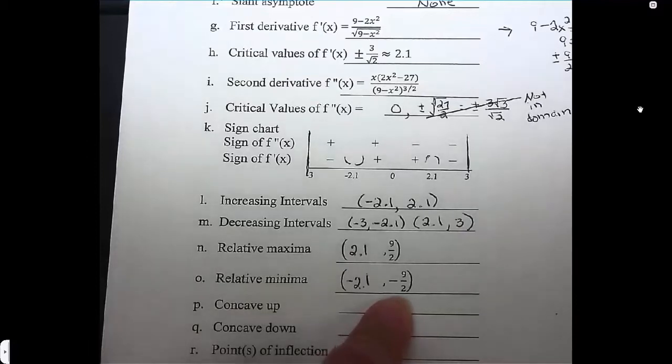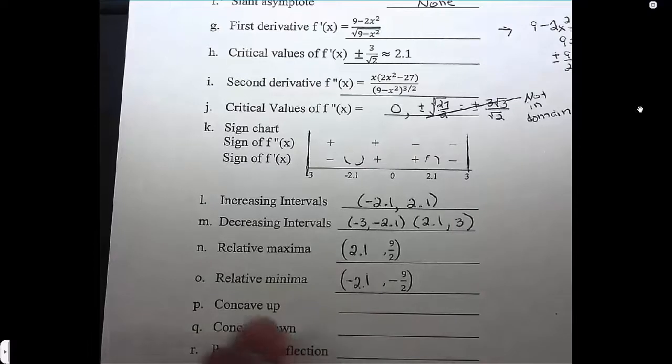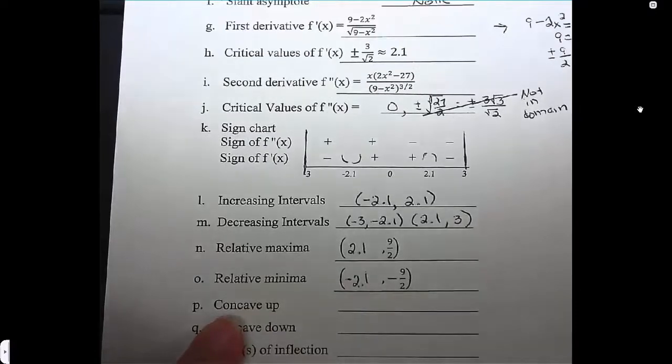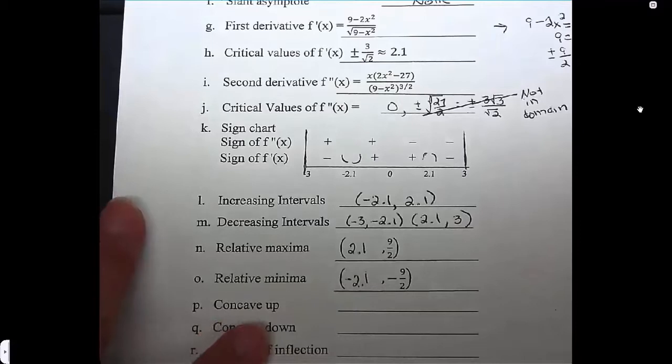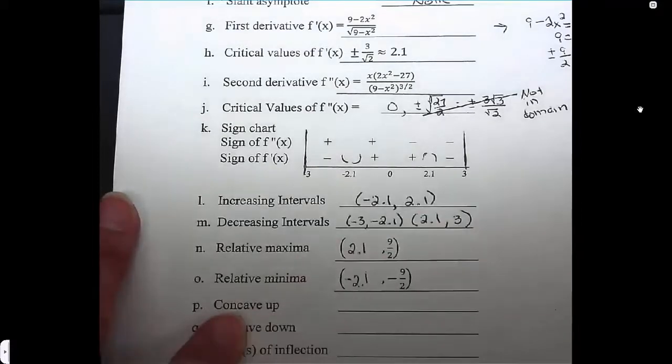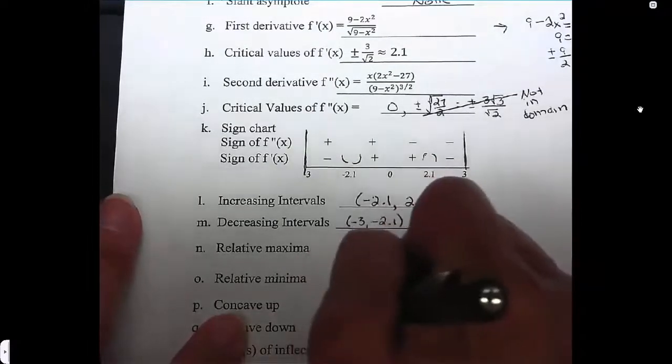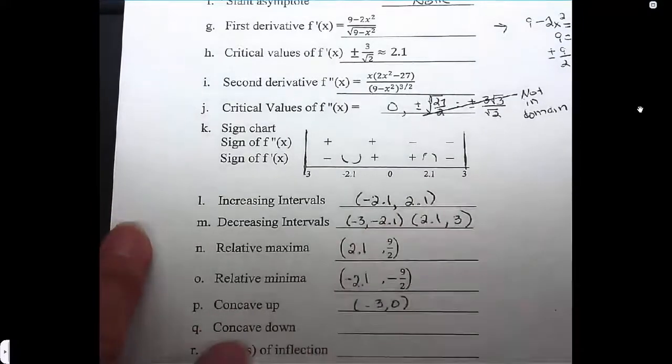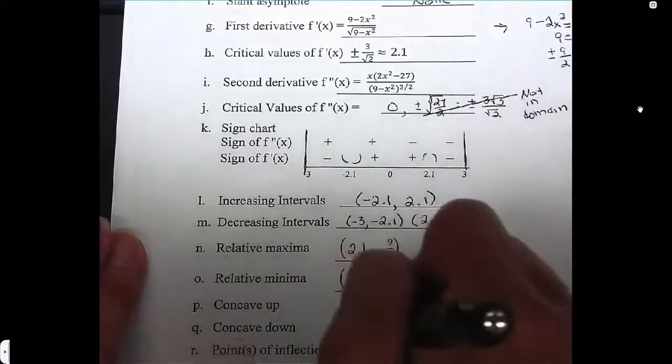All right, where do I look to determine concavity? Second derivative, positive or negative? Which one's concave up? Positive. Where the second derivative is positive, so what's the concave up interval in this function? -3 to 0, and concave down? 0 to 3.